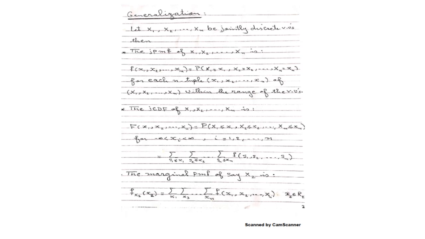So now here we say, as a generalization, if we have X1 up to Xn be jointly discrete random variables, then what's the joint probability mass function of these x's? We will denote it by f(x1, x2, up to xn). Can you see I dropped the index here?